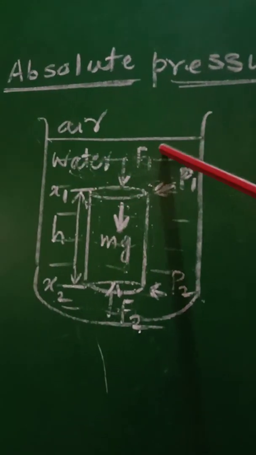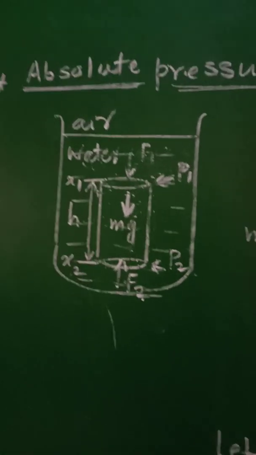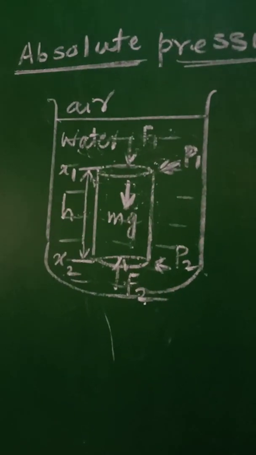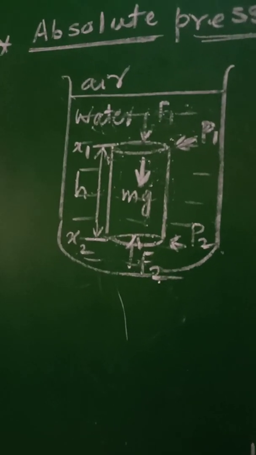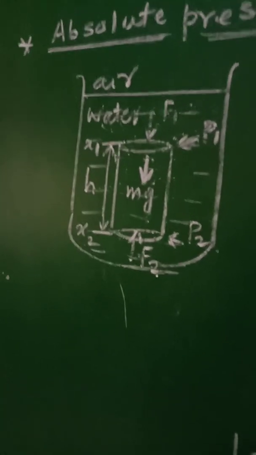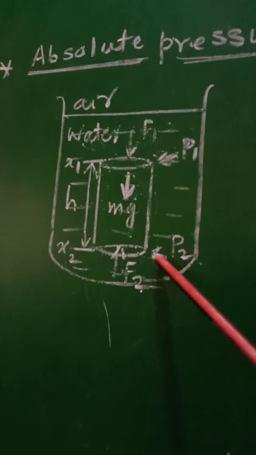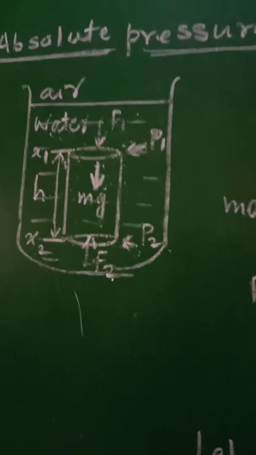It will exert force F1 in the downward direction on this liquid column. Similarly, the second force is mg, that is the gravitational force, that is the weight of that liquid column, which will be acting in the vertically downward direction. Now the third force is F2. It is the force due to the liquid below this liquid column, which will exert force F2 in the vertically upward direction.